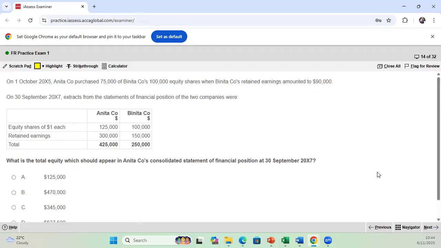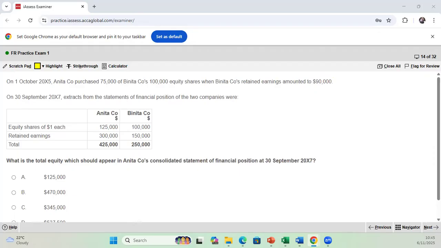What is the total equity which should appear in the consolidated statement of financial position? Equity.